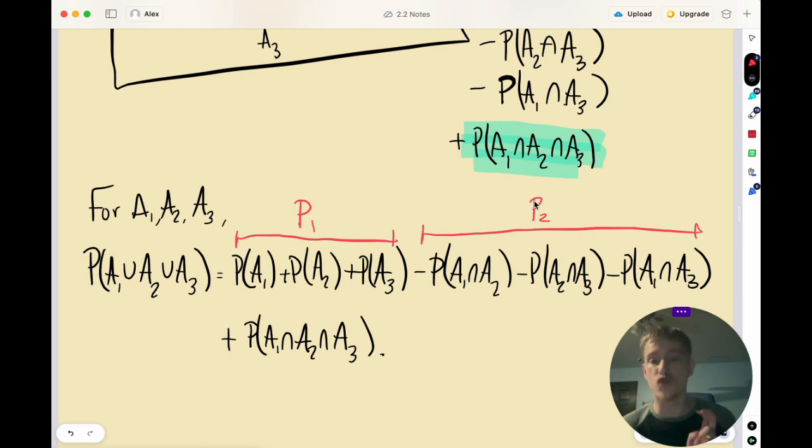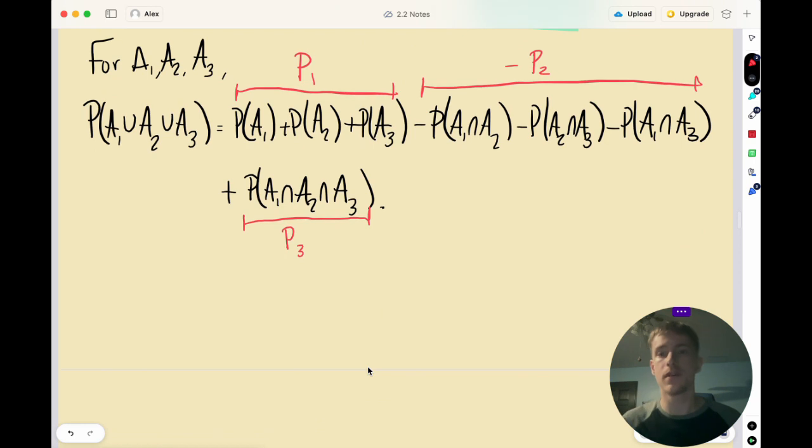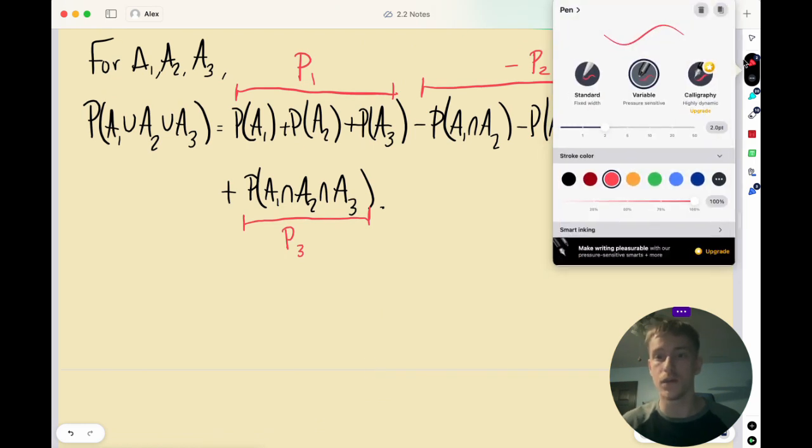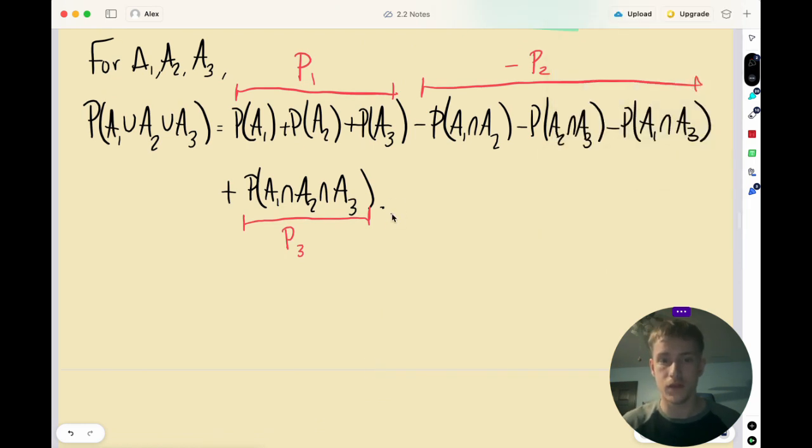And since I'm subtracting it, I'm going to put a minus P2 right here. And then every time that I add all the triple intersections, I'm going to label that P3. Okay, so I'm going to be very careful about this notation going forward. So this is really the same thing as P1 minus P2 plus P3.